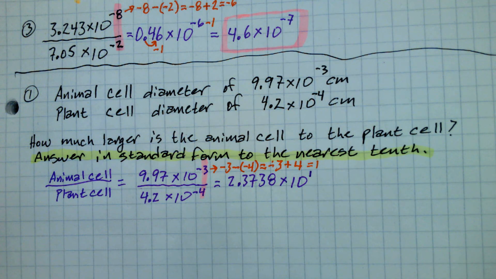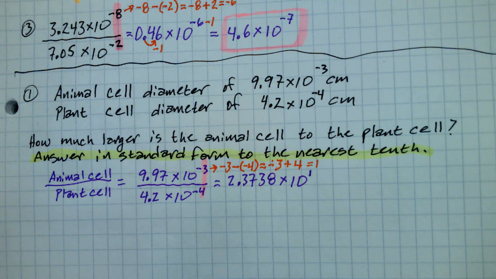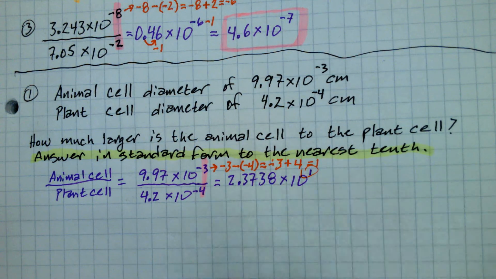So now we want to write this as a standard number. We just want this like a regular old number. Okay? So how do I unpack this? I want to get rid of the times 10 to the 1. You remember what I do? I got to move that decimal, make it bigger. How many times do I move that decimal? 1 time. Take the fact you got 1 and it goes in 1 more.